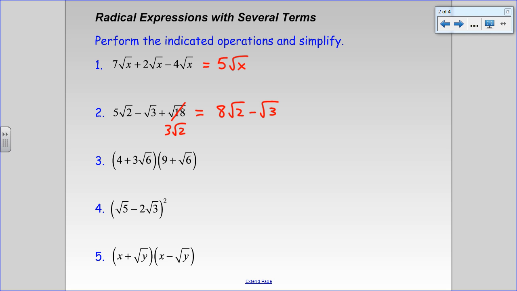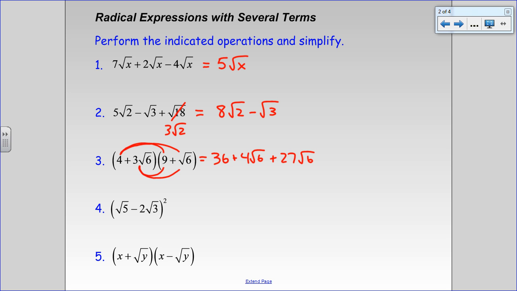In problem 3, we can perform the same process we used to multiply binomials. 4 times 9 is 36, plus 4 times the square root of 6. 3 times the square root of 6 times 9 would be 27 times the square root of 6.